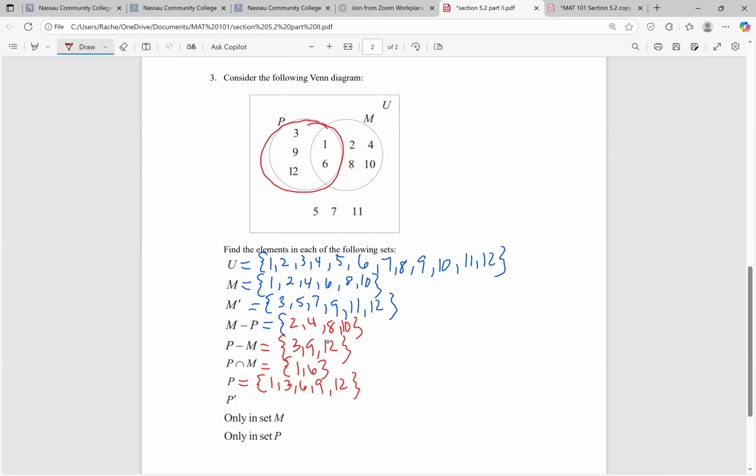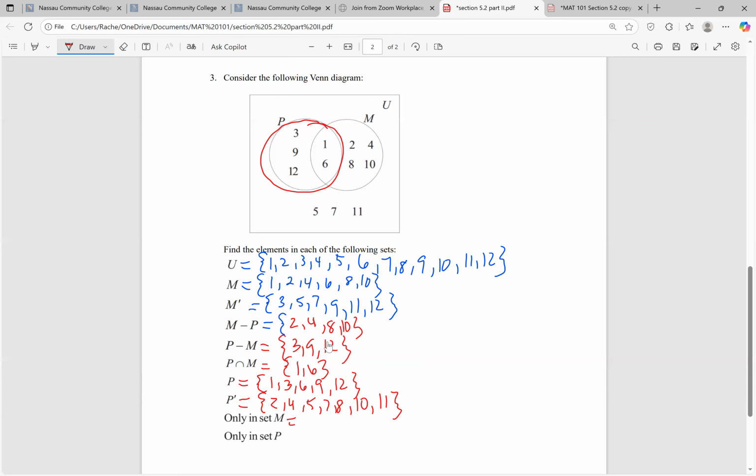And now what's not in P? What's P complement? Well, it's going to be everything else that's not in P. So whatever is left in only M and the universe. So that's going to be 2, 4, 5, 7, 8, 10, 11. Now, what's only in set M?